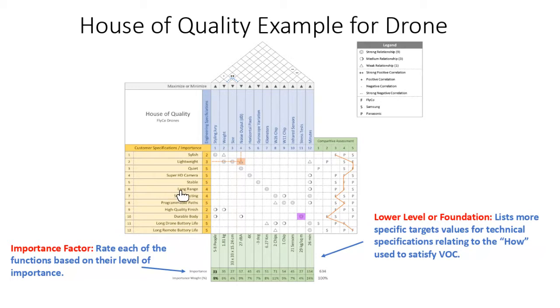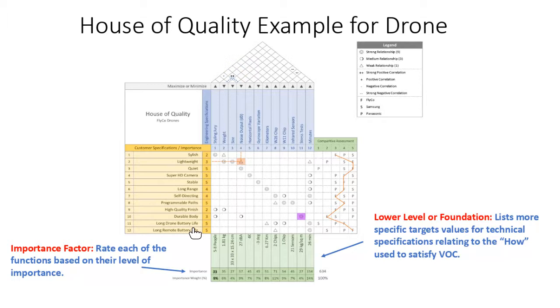Long range, which is one of the obvious features they want, so they can cover a larger space. Self-directing, programmable paths, high quality finish, durable body, long drone battery life, long remote battery life, all these customer requirements for the drone.